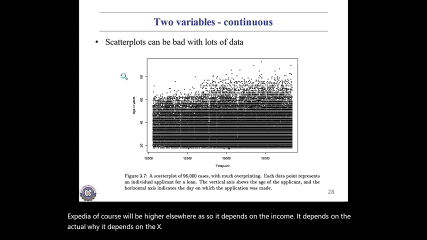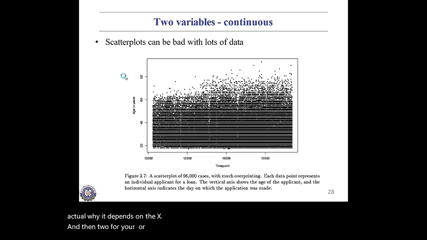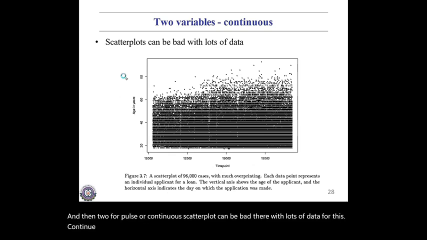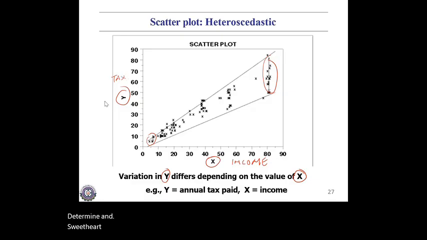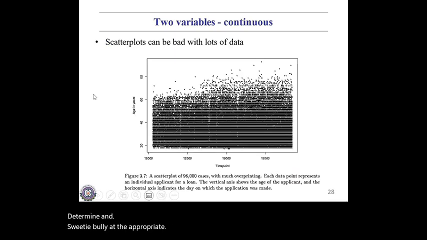And then for two continuous variables, a scatter plot can be fed with lots of data. That's why we have to determine the appropriate visualization in order to display the raw data.